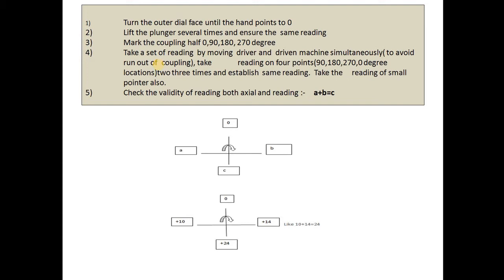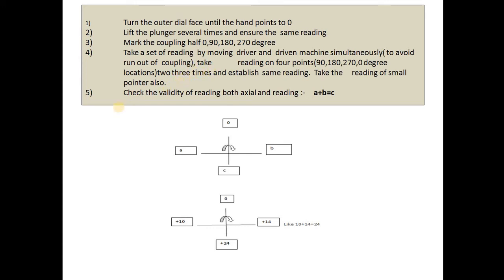Then mark the coupling hub at 90 degrees, 180 degrees, 270 degrees. First, we have to take a set of readings, 2-3 times, and establish that the same reading is coming, and we have to check whether the reading is valid or not.